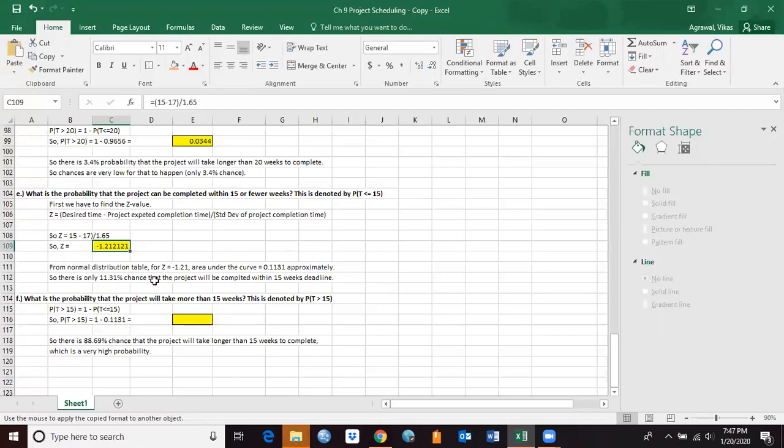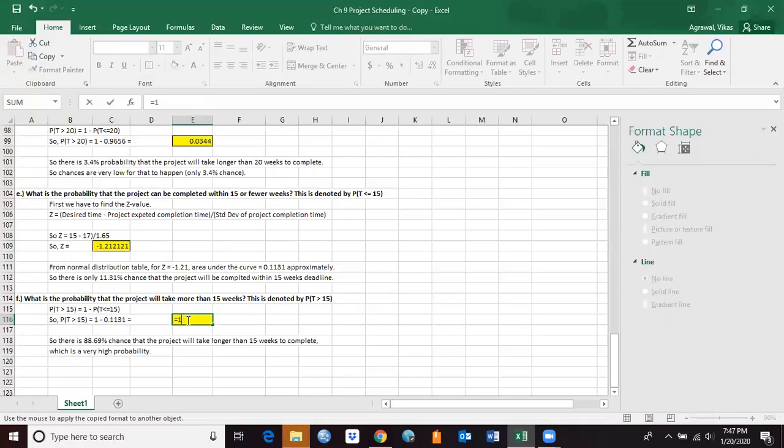Obviously the chances are very slim that it's going to be completed within 15 weeks. And if you flip the coin and ask what is the probability that the project will take more than 15 weeks, which is the probability of t greater than 15, we already calculated the less than or equal to 15 probability. If you subtract that from 1, you get the probability of taking more than 15 weeks.